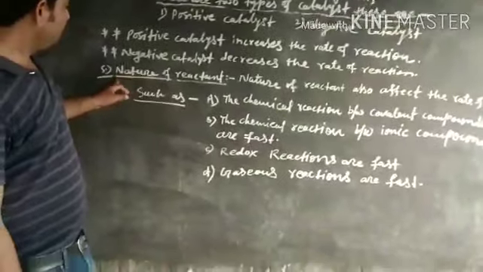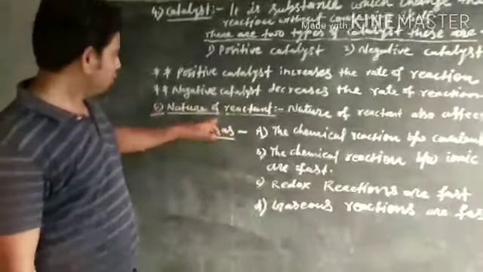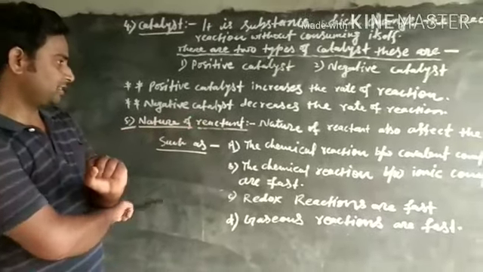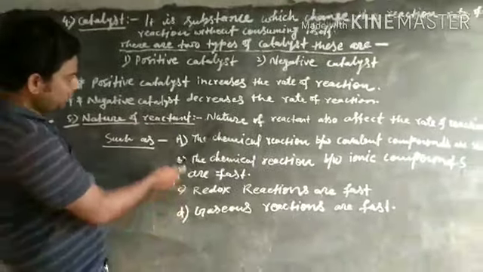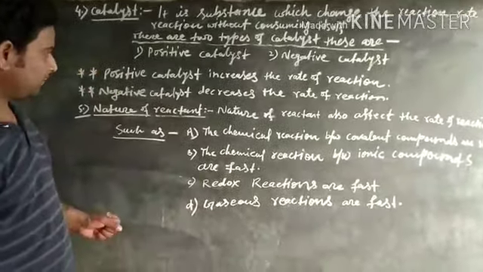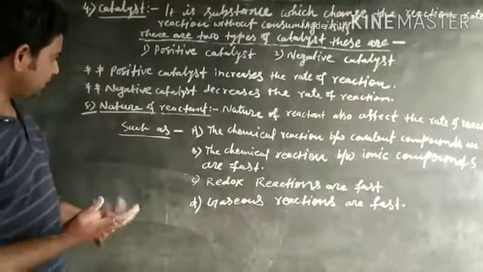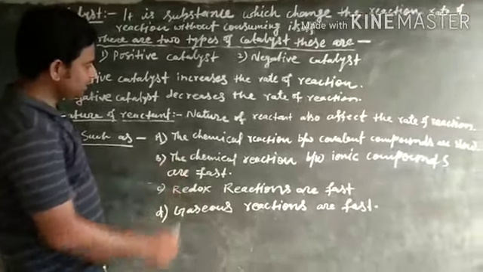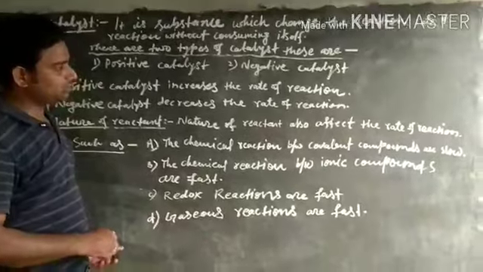Now, nature of reactant. How does the nature of reactant affect the rate of reaction? The nature of reactant also affects the rate of reaction, such as the chemical reaction between covalent compounds is slow.